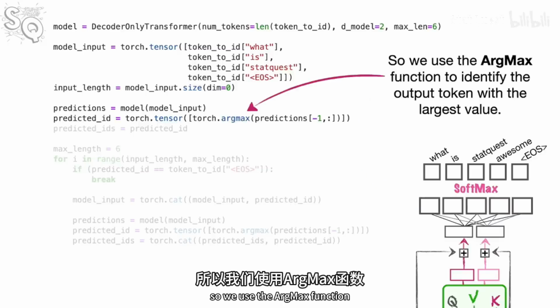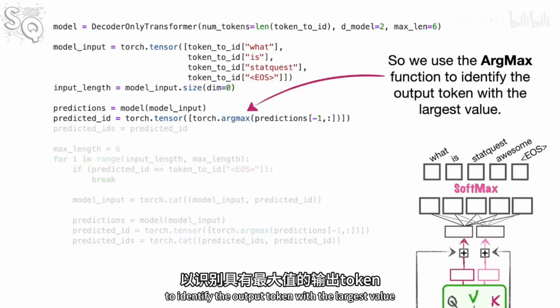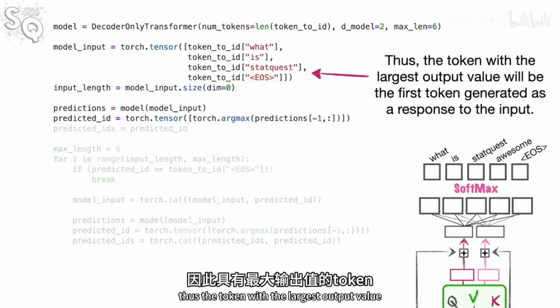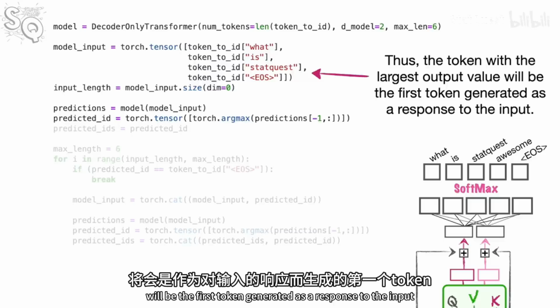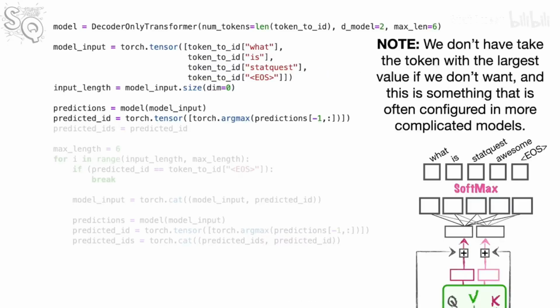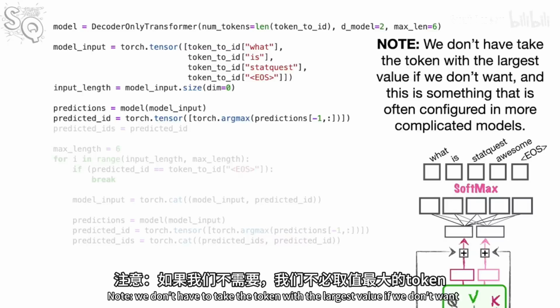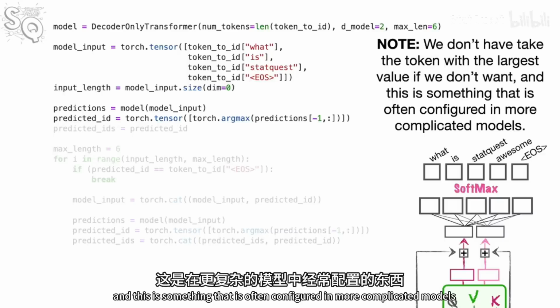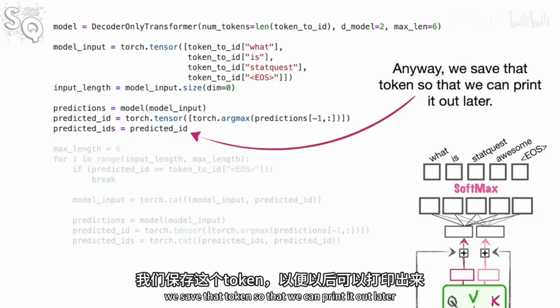So we use the argmax function to identify the output token with the largest value. Thus, the token with the largest output value will be the first token generated as a response to the input. Note, we don't have to take the token with the largest value if we don't want, and this is something that is often configured in more complicated models. Anyway, we save that token so that we can print it out later.